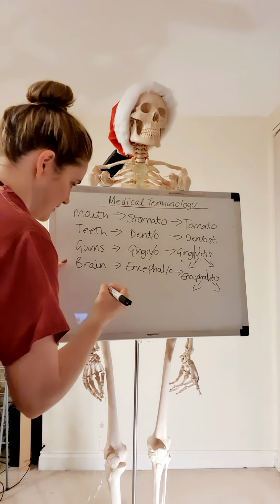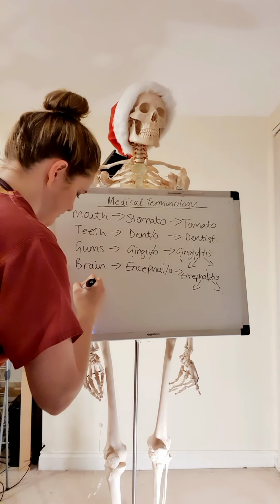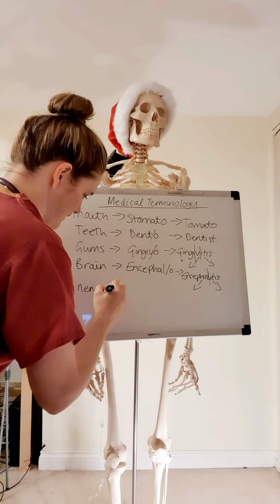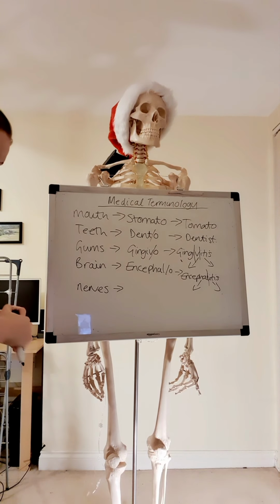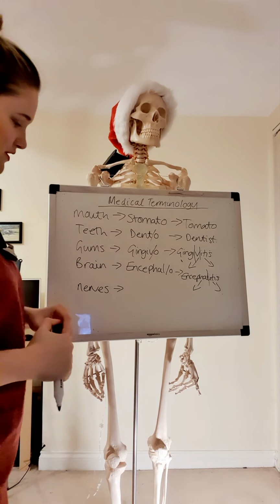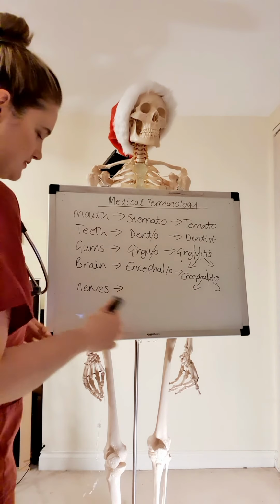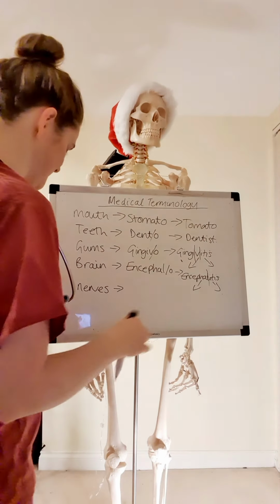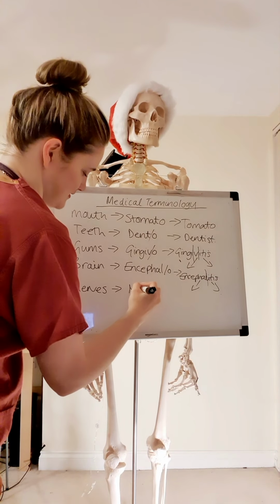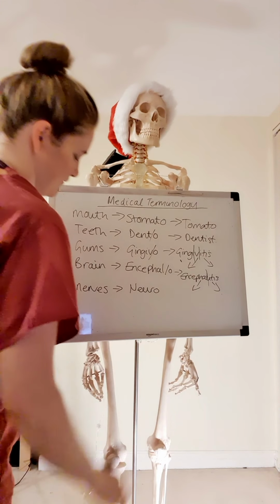sticking with the brain for now, let's go with nerves. So if you have a disease, an inflammatory or a non-inflammatory disease of the nerves, this is nice and easy, and it just is neuro, okay?